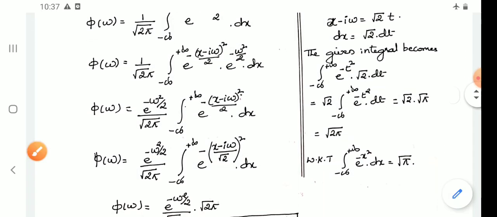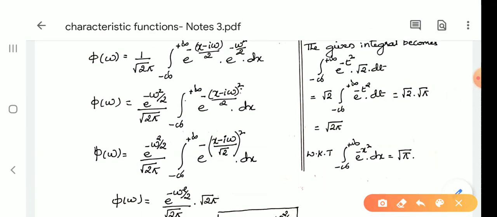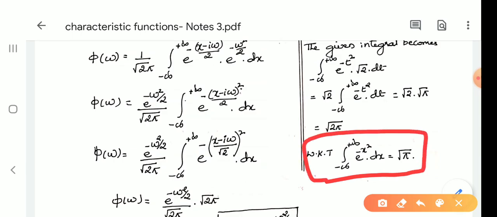And if we remember, we have studied this relation when we have done beta gamma functions in the second semester. So, we have come across this relation there, that is integral minus infinity to plus infinity e power minus x square dx is nothing but square root of pi.